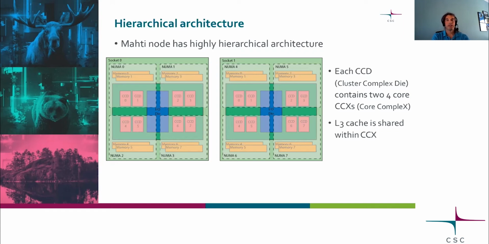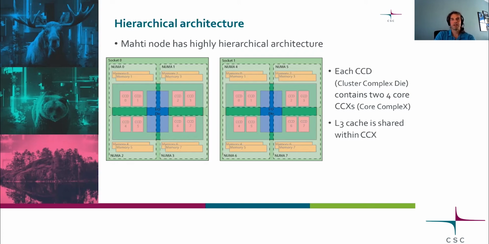And then within each socket, you have these so-called cluster complex dice, and they contain then these so-called CCX core complexes, which share different amounts of things. So this is actually quite a highly hierarchical architecture.